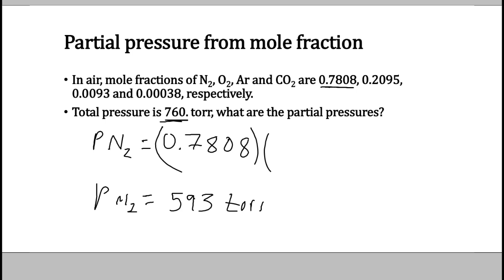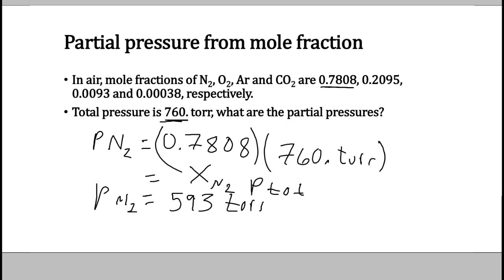All right. The other way that you could write this out, if you want to see the variables plugged in, is you would have the partial pressure of nitrogen is equal to the mole fraction of nitrogen times the total pressure. So make sure that you would be able to calculate this by yourself, because you're going to have to calculate a mole fraction by yourself, but more likely than not, you would be given a total pressure if you're asked to find a partial pressure.